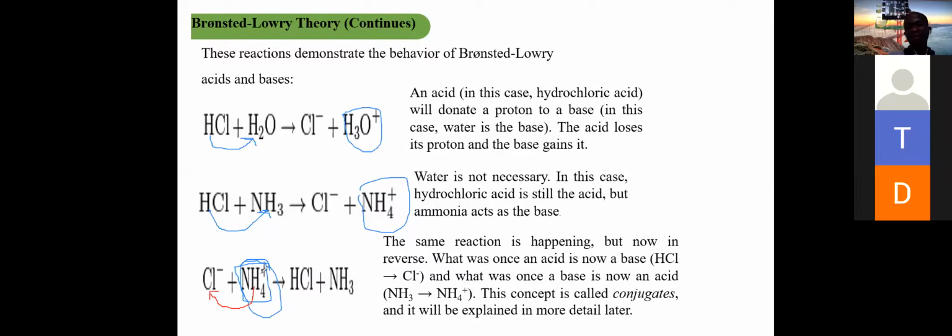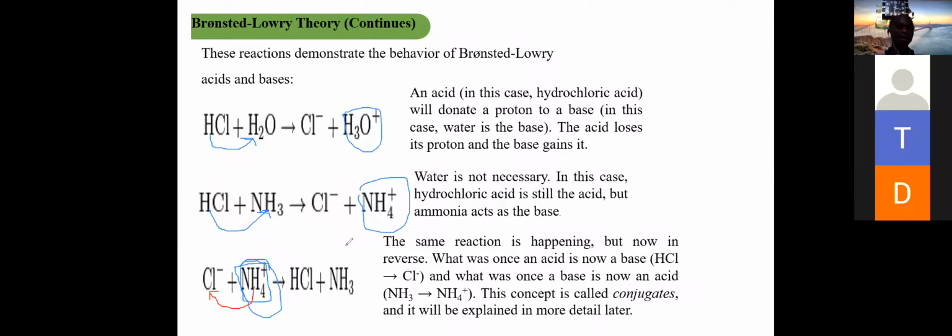Then the Cl minus, after accepting the proton, becomes HCl. The minus will go away because, remember, a proton is plus. Then the ammonium, after losing the proton, becomes ammonia. Now you see this equation is more or less the reverse of the top one, the middle one, this one.